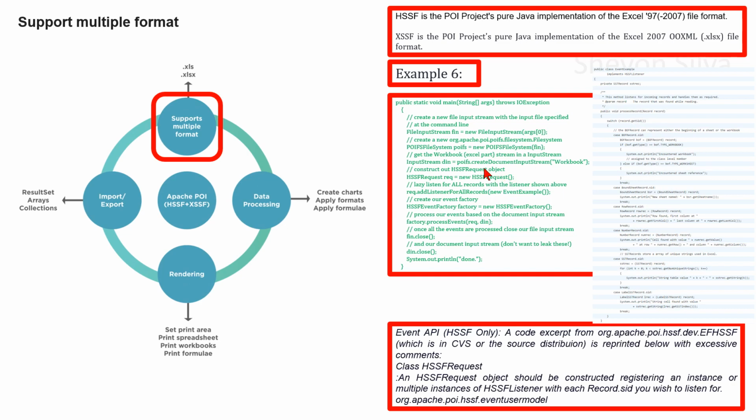Once you have registered your listeners in the HSSFRequest object, you can construct an instance of org.apache.poi.poifs.filesystem.POIFSFileSystem and pass it your Excel input stream.